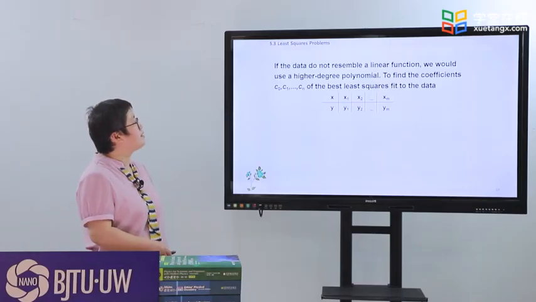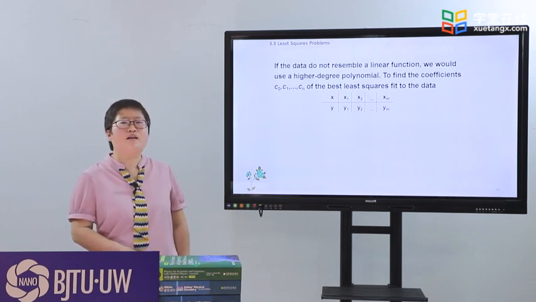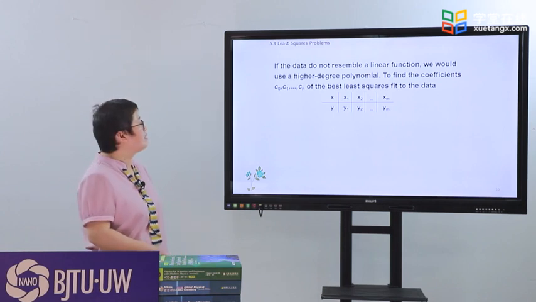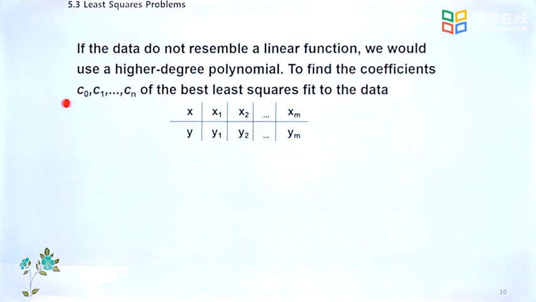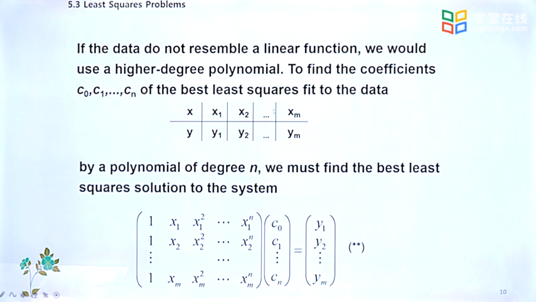Also, sometimes a linear function is maybe not a good candidate, so we would use a higher degree polynomial. To find the coefficients C0, C1 till Cn of the best least squares fit to this data, you have x1, x2 till xm, and after the function operates on those variables, you will have observed data y1, y2 till ym. By a polynomial of degree n, we must find the best least square solution to this system.